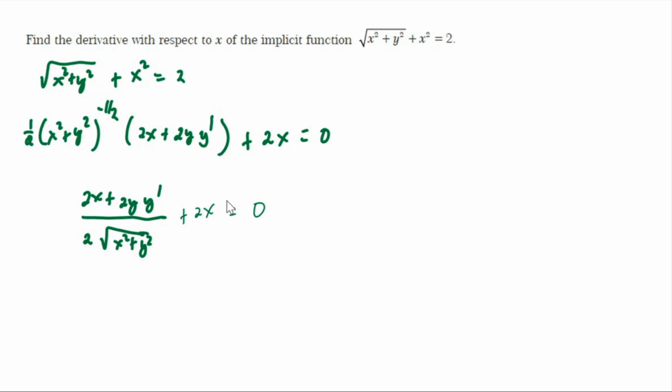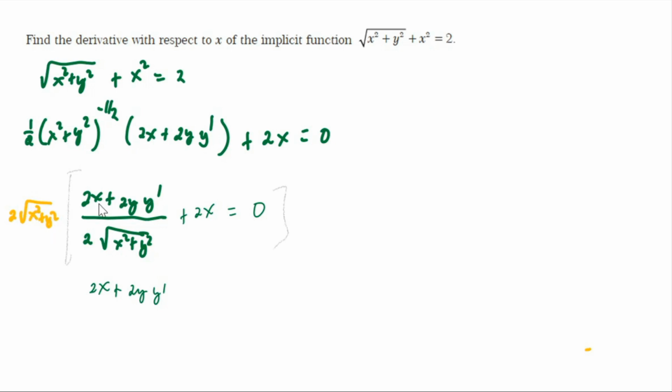Now our problem is how can we solve for y prime? In that case, we need to take first the LCD of the two terms. Or we can just multiply the entire equation by 2 square root of x squared plus y squared. Multiplying that one, this one will be cancelled.